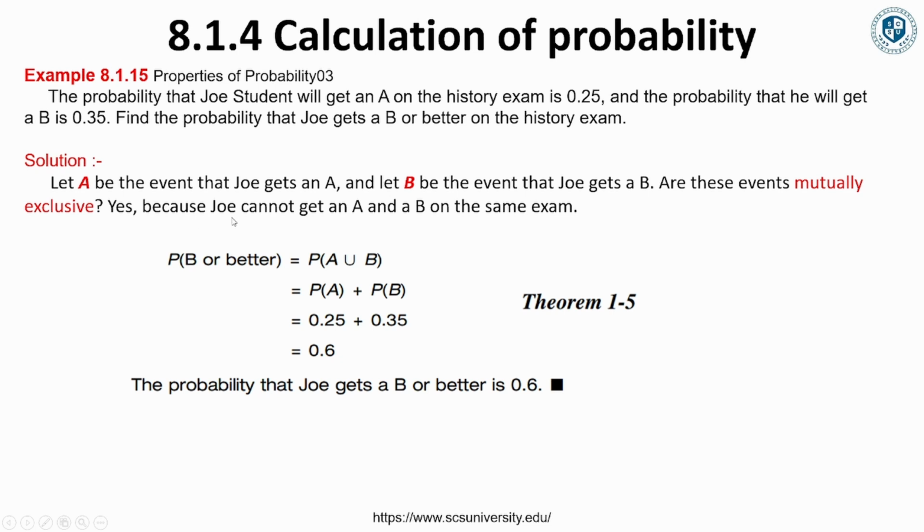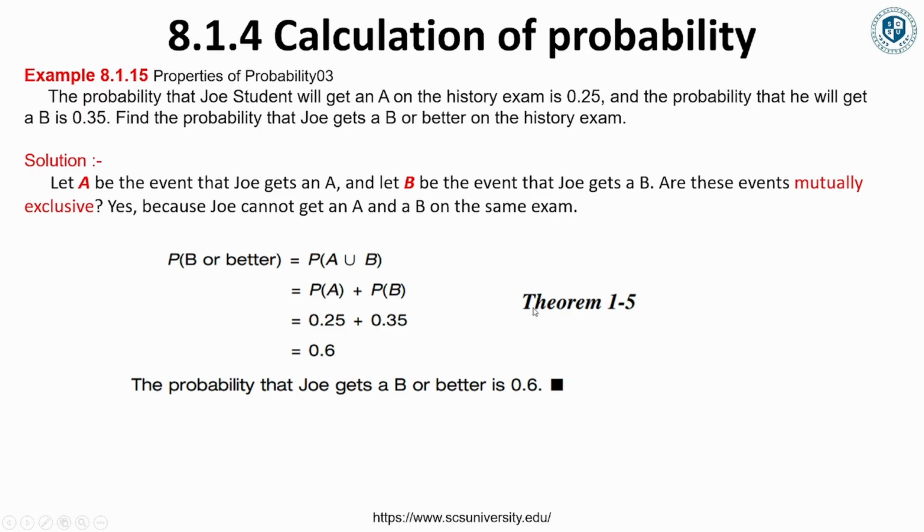Yes, because Joe cannot get an A and a B on the same exam. The probability of A union B equals the probability of A plus the probability of B, which equals 0.25 plus 0.35, which is equal to 0.6. The probability that Joe gets a B or better is 0.6.